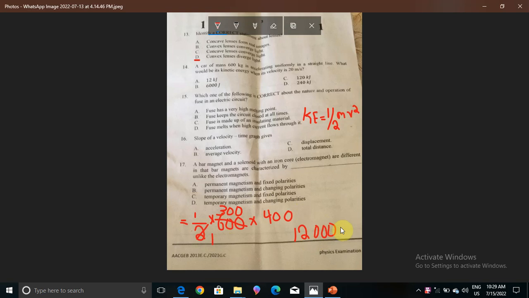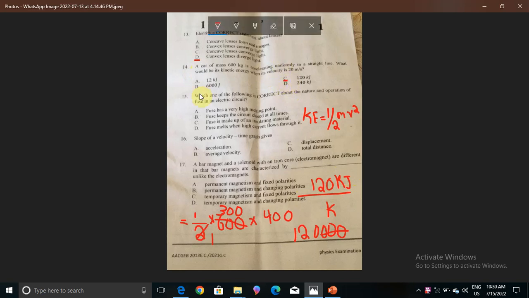After getting 12,000, we can make by 3 zeros, it will be kilo, and here 120 kilojoule. Now we have the answer, which is choice C. So that means choice C is the correct answer for question number 14.